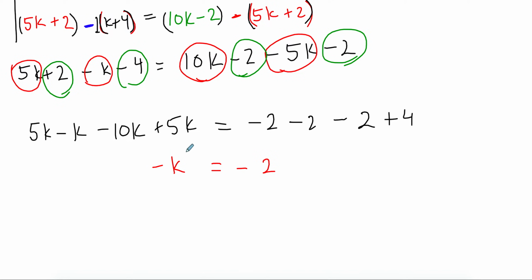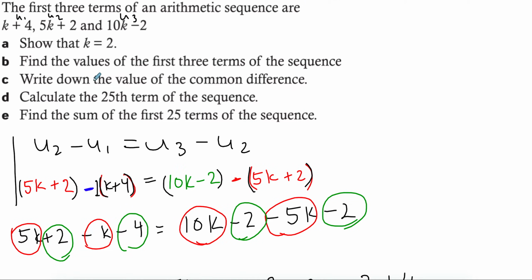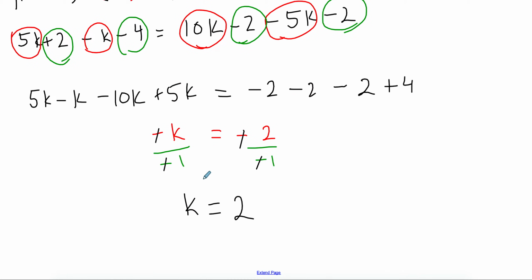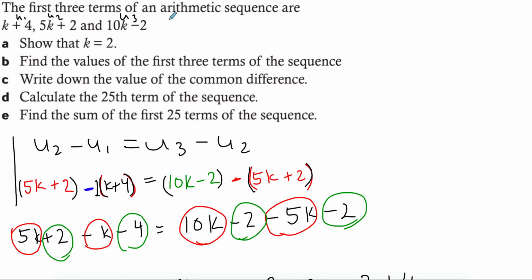And so to get rid of the negative, I'm going to divide by negative 1, and as we know, negative and negative goes away, so we end up with k equals 2. And so we've found the first part. Show that k equals 2, and you've done it. We've just used the fact that in arithmetic sequences, the difference is common. So a nice trick to know and possibly to use again.